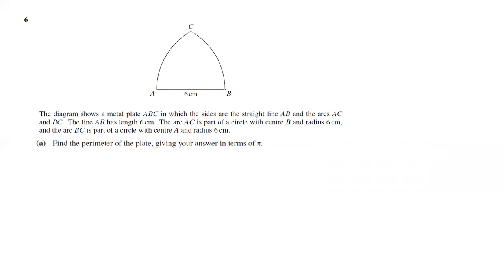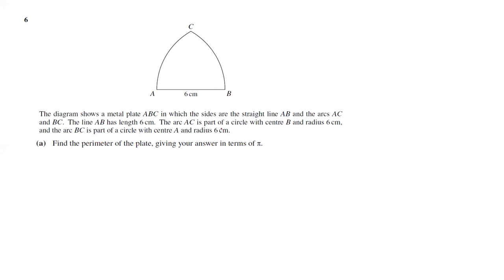It means the straight line BC equals 6 centimeters, and the arc BC is part of the circle with center A and radius 6 centimeters. Find the perimeter of the plate, giving your answer in terms of pi.